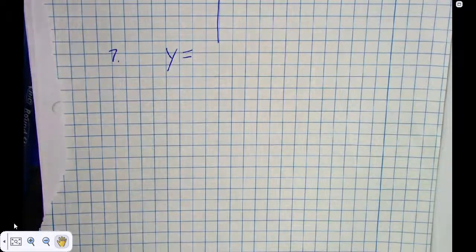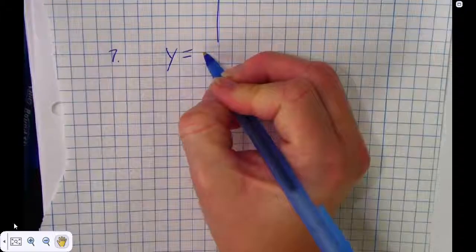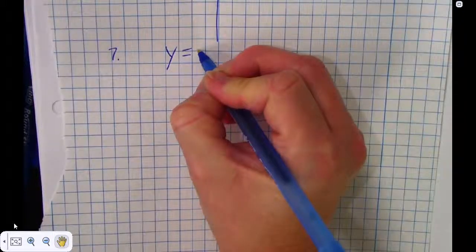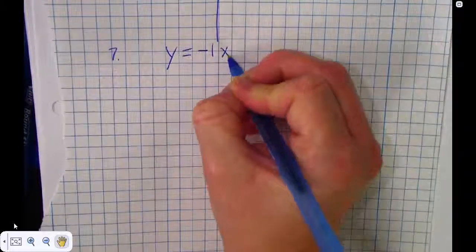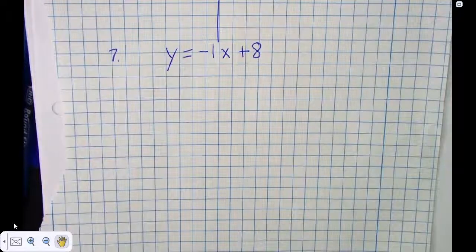Okay, on number 7, everybody write your slope-intercept form. Y equals... -1x plus 8.